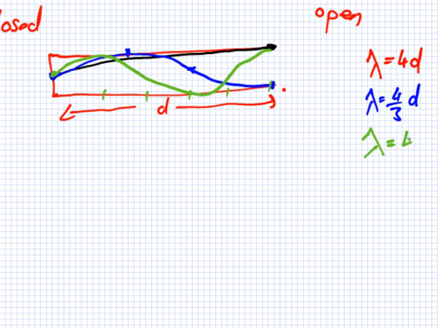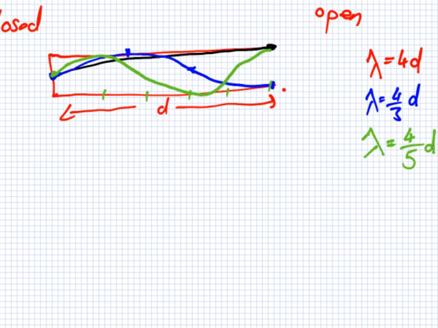So it'd be 4/5 D. Isn't it 5/4D? Hang on. How much have I drawn? 5/4. No, 4/5 D is the wavelength, because I've drawn 5/4 inside.